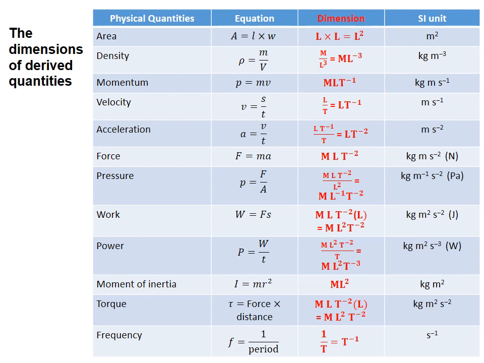Velocity, from before, we have velocity is LT negative 1. So you put here LT negative 1 over time, then we get LT negative 2. SI unit is ms negative 2. And force, pressure, work, power, as you can see in the table, and so on.